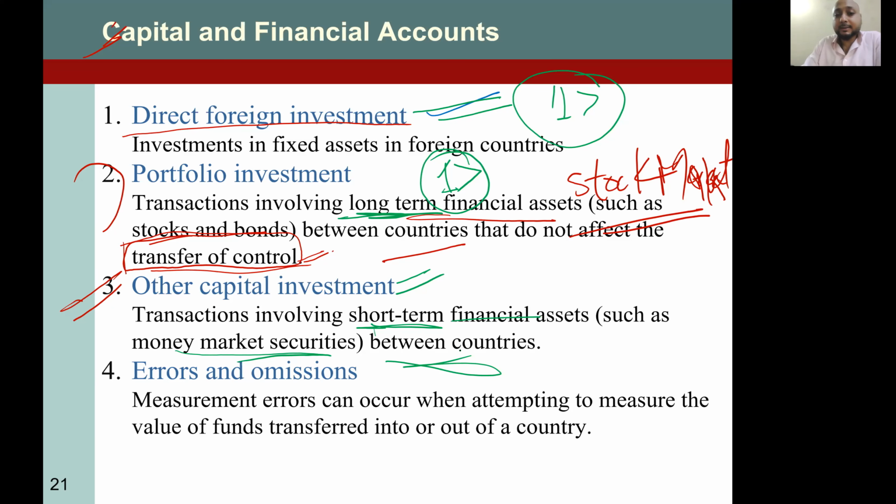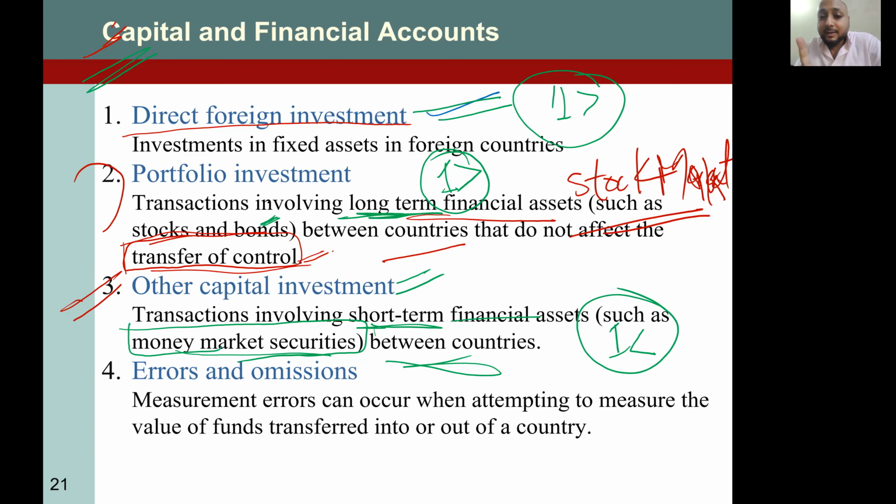So remember, this is a special case in which instruments of less than 1 year are recorded under the capital and financial account, and that is just one exception, for money market securities between government to government, not between companies. Companies to companies or investor to companies, it is called bonds, right?